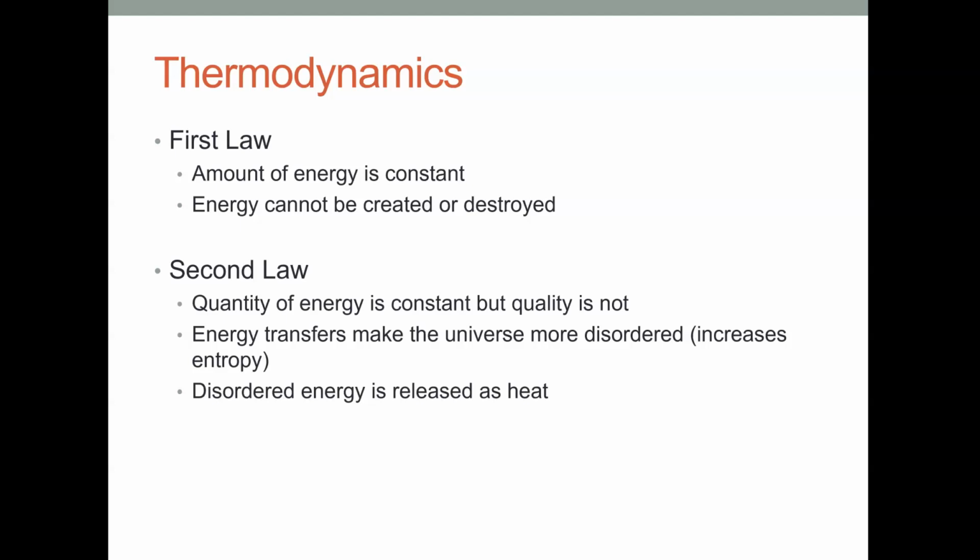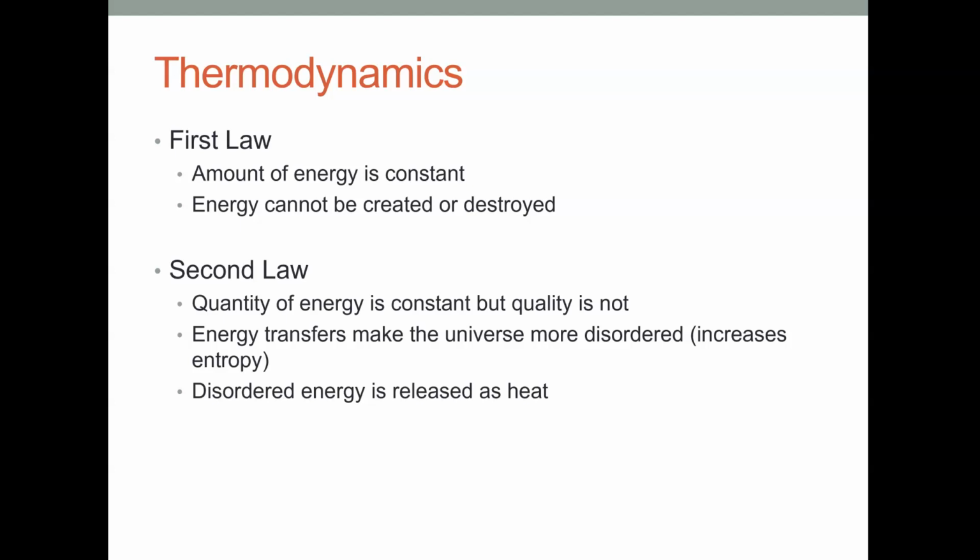Remember that energy also has a couple laws that govern how energy flows. And the first law, of course, is that we can't create or destroy energy either. We can only flow from one form to the next. In other words, that's kind of what the second law is saying, that we can change the quality, we can change the form of energy. So energy can go from the radiant energy that the sun puts out to stored energy in a chemical bond, for example.